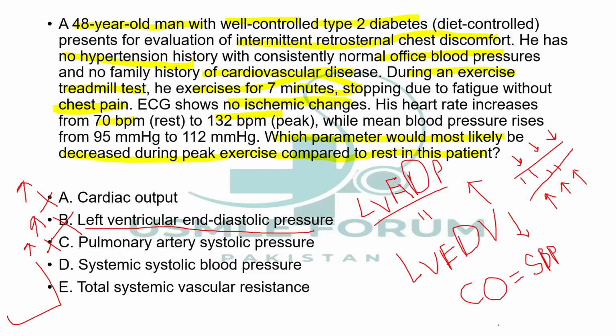And the SVR, or the systemic vascular resistance, which is our next option, is equal to the diastolic blood pressure. Not equal in terms of value, but equal in terms of that if one value changes, the other changes as well. So that is what they're dependent on, right?